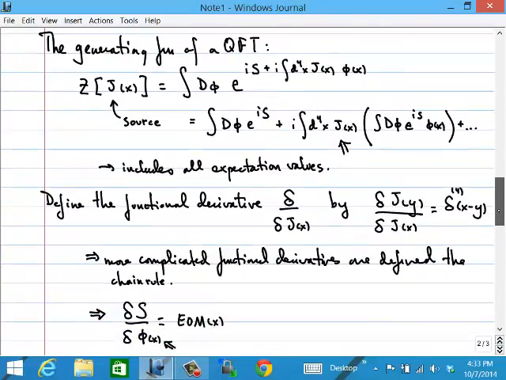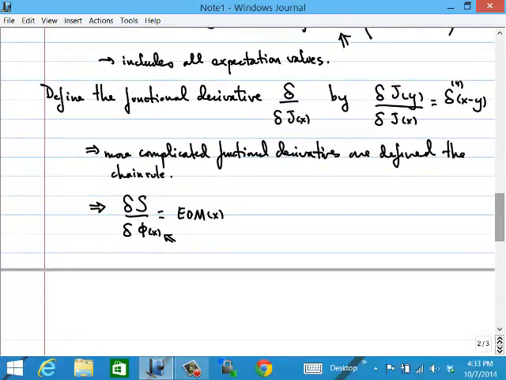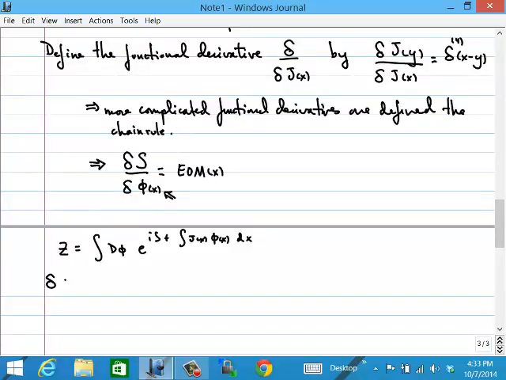So why is this useful? This then is useful because if you remember that Z is the integral of e to the iS plus the integral of J of x phi of x dx, then the functional derivative of Z with respect to J of x evaluated at J equal to 0, all that functional derivative does is it brings down 1 power of phi of x.